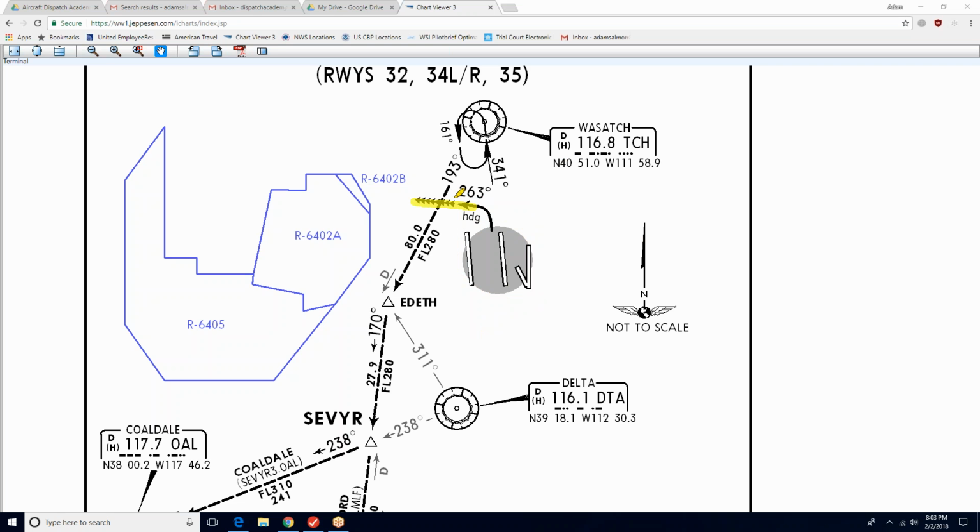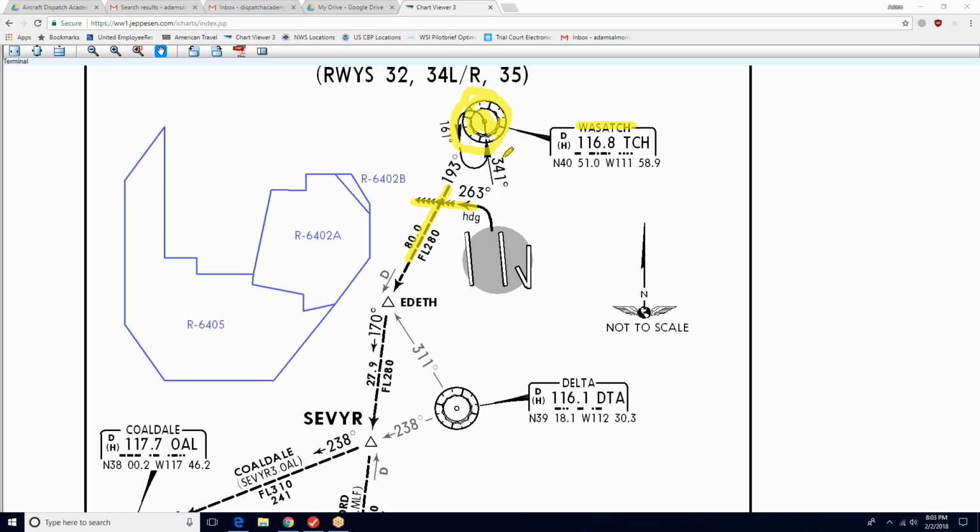Now, you can kind of see this other dashed line that goes along this route right here. Ultimately, that's the route that they need to intercept and start flying. As they're flying west here, you can see this VOR up here. This circular thing is a VOR. That is the Wasatch VOR.